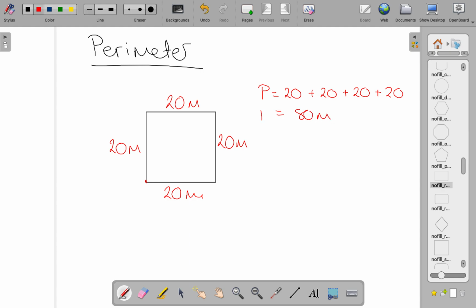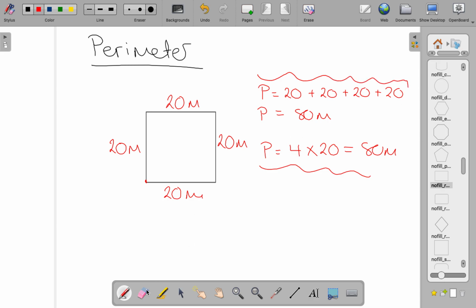Now you could also say there's 20 meters and there's 1, 2, 3, 4 of them, so P is equal to 4 times 20, and you get the same answer. It's a little bit quicker to do it this way. The first way makes more sense when you're first learning it, but this is a quick way of doing it.